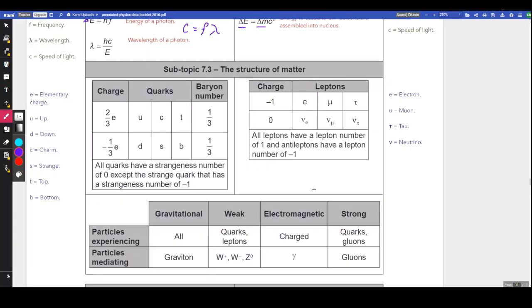I mean, this was decided by the scientists before. While for leptons, you can see these are the names. I'm not going to repeat it, but this is the reason why you find out for beta minus, you will have anti-electron neutrino, while for beta plus, you will have the electron neutrino.